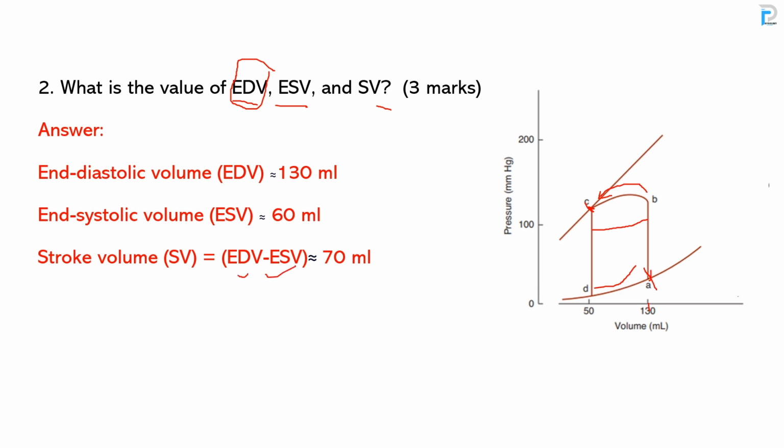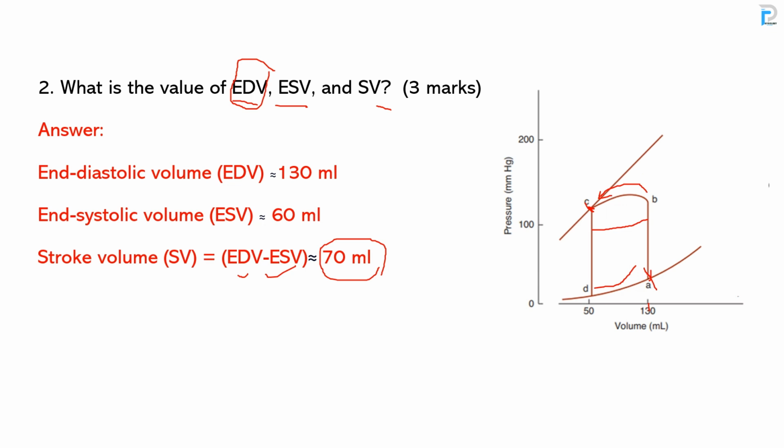So it's 70 ml. That is the volume of blood pumped out from the ventricle during ejection. The end systolic volume is the volume of blood left in the ventricle after ejection, and the end diastolic volume is the volume of blood present in the ventricle at the end of diastole.